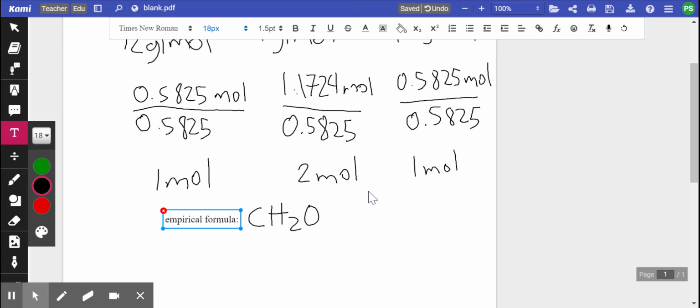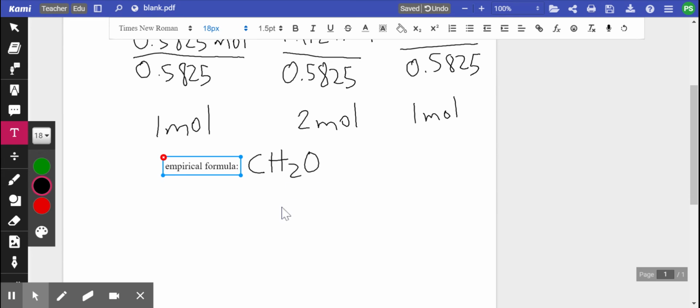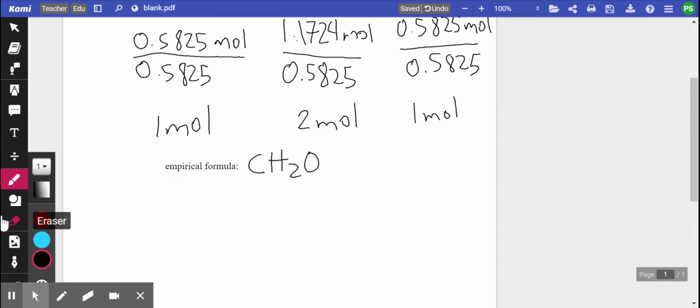Now, in the question, often they're going to give you some extra information: what is the molecular mass of the actual formula? They're going to give you a value for that. Usually they say MR is equal to 90 grams per mole. That will be given in the question.